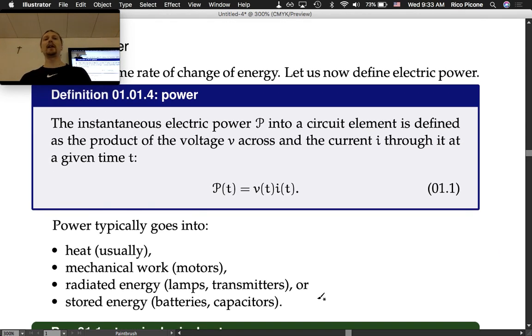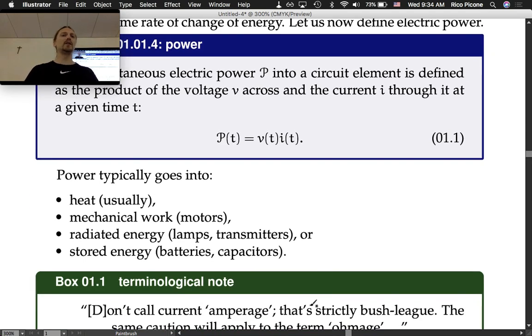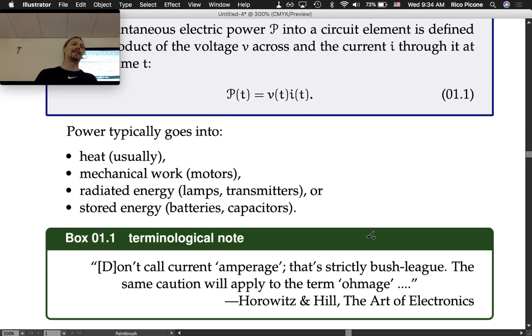If it's power into a circuit element, we're going to talk about sign conventions later, but a negative power would mean that power is leaving the element, right? Power typically goes into heat, which is usually what happens, sadly.